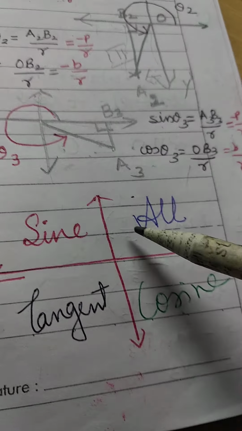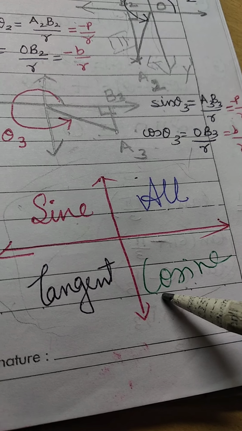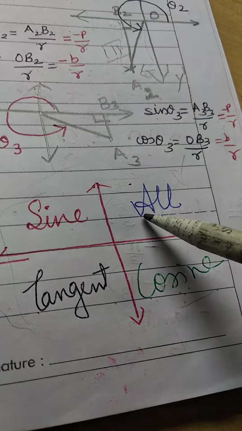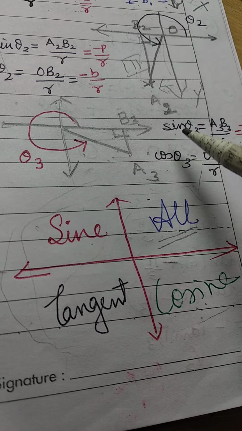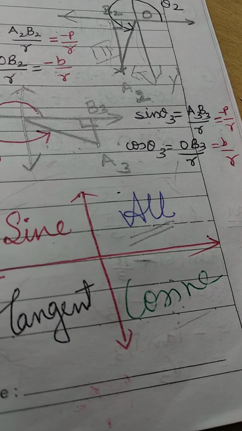So what we conclude from here is, if the angles are in any one of these quadrants, two of the ratios are positive and the rest four will be negative, except in the first quadrant where all the ratios are positive. So that's the first piece of information that we have. Now to find the ratios for the angles, we take the help of the angles which we are aware of.